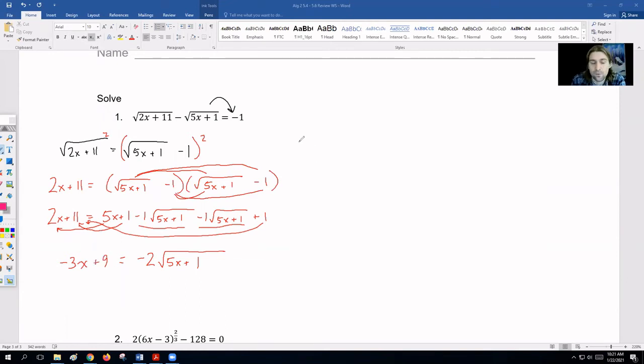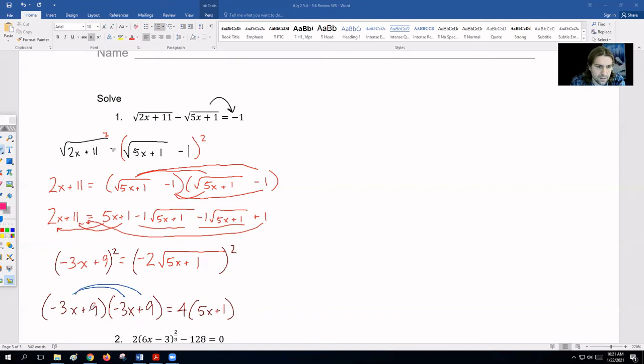We have to repeat this now because we need to get rid of this radical, so we square both sides. We're going to write out the negative 3x plus 9 twice and then FOIL this out. Negative 2 squared is 4, times the radical 5x plus 1. Now let's distribute here.